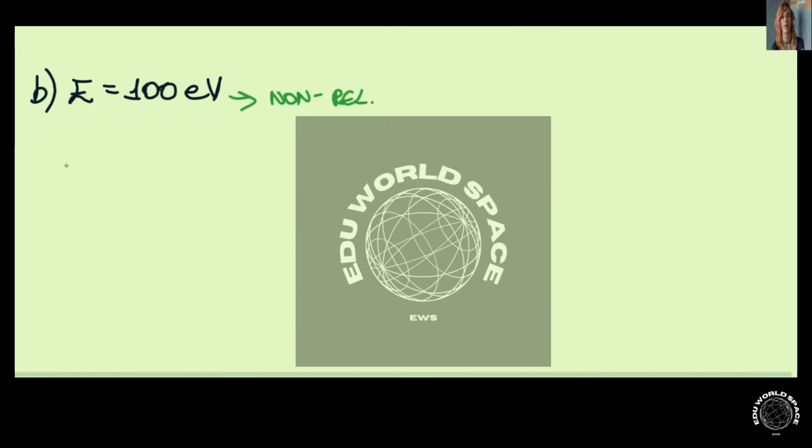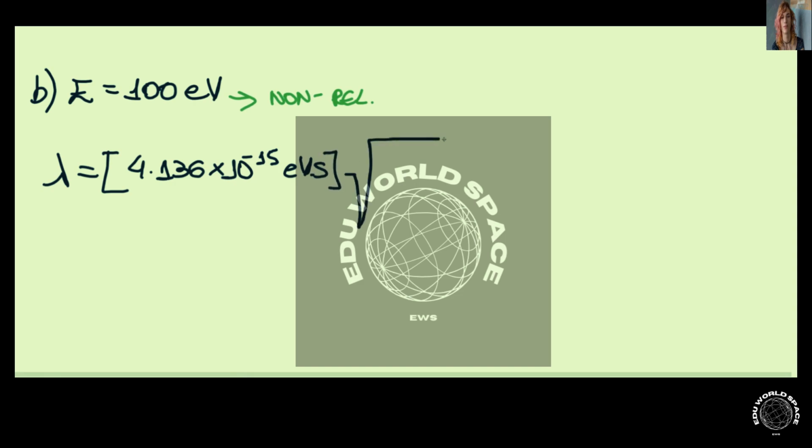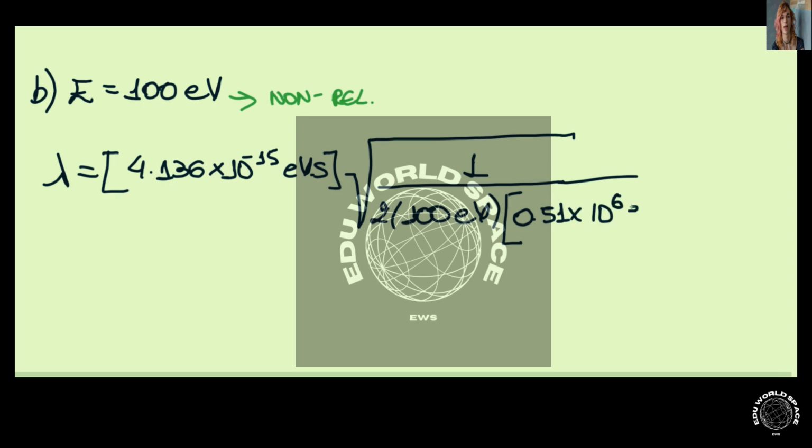So I'm going to write everything again. Lambda, Planck's constant, 4.136 times 10 to the minus 15 electron volts times second, times 1 over the momentum, which is 2 times the energy, which now is 100 electron volts, times the mass of the electron, which is a big expression, 0.51 times 10 to the 6 electron volts divided by the speed of light squared, which is 3 times 10 to the 8 meters per second.